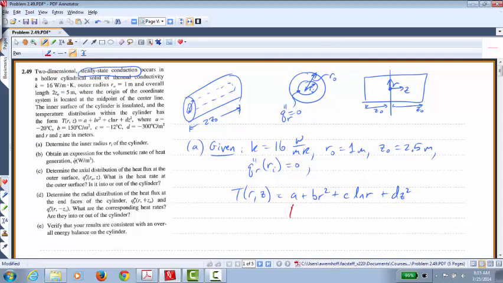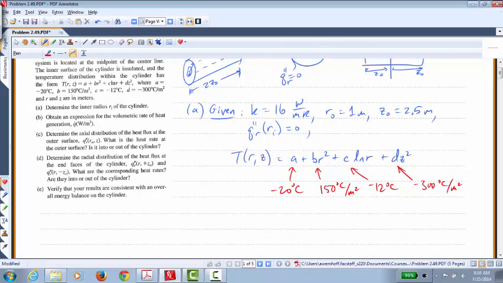So A here is negative 20 degrees C, B is 150 degrees C per square meter, C is negative 12 degrees C, and D is negative 300 degrees C per square meter. And R and Z are given in meters. So what we're trying to find here is what's the inner radius R sub I. So let's write that down.